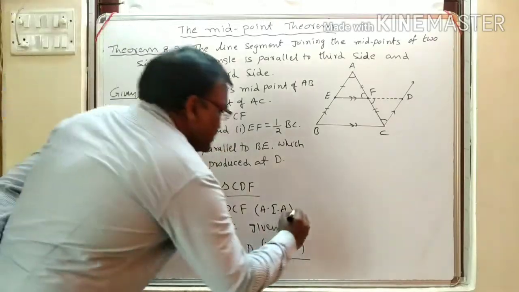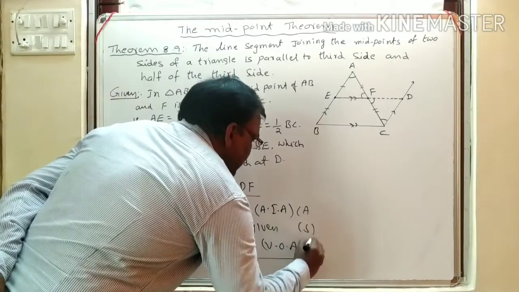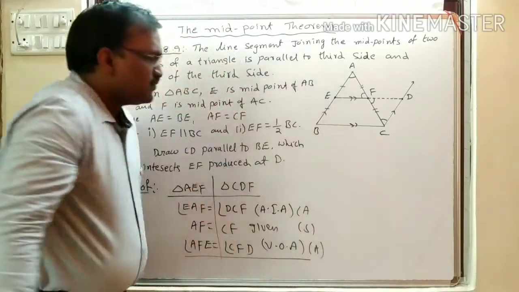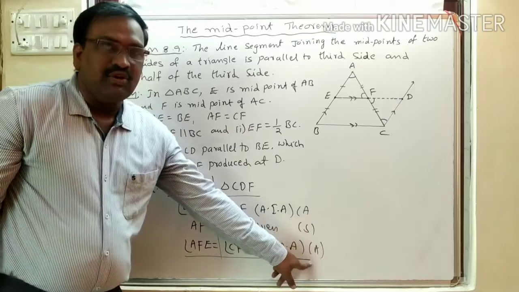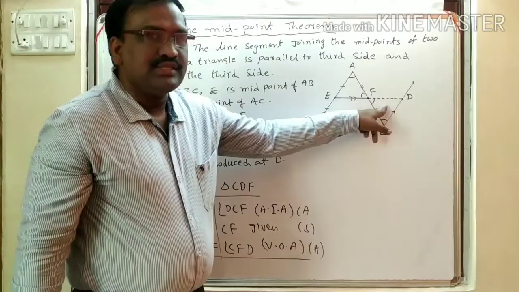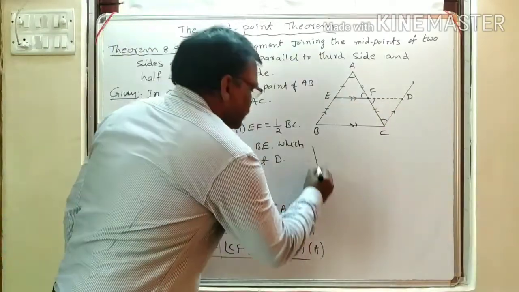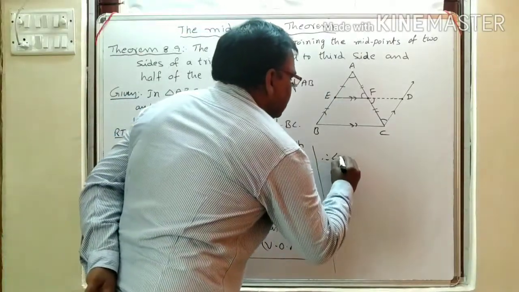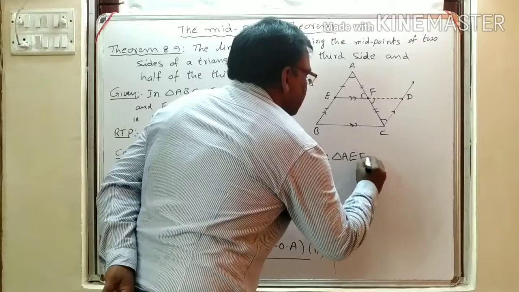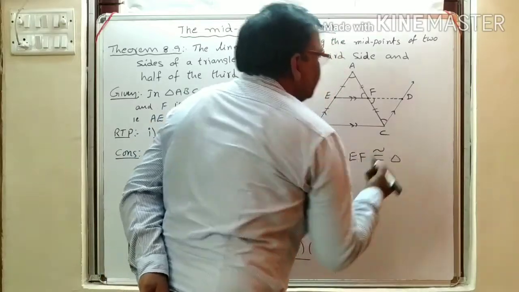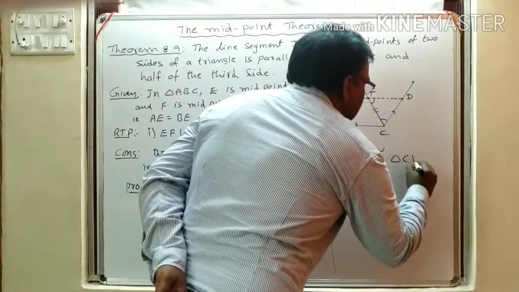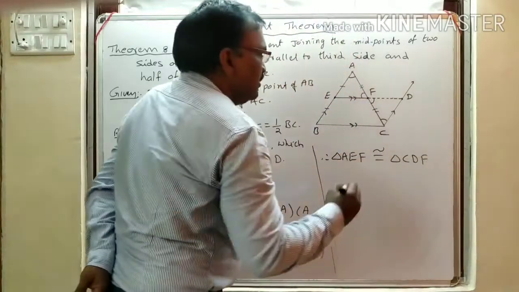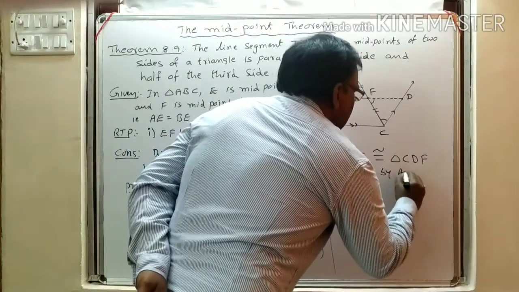So this is the angle, this is the side, this is the angle. So by ASA congruency rule, these two triangles are congruent. Therefore triangle AEF is congruent to triangle CDF by ASA rule.